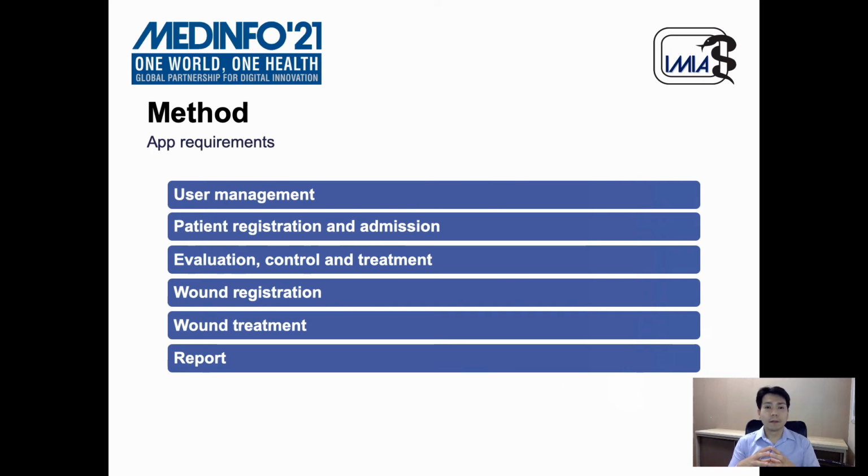After analyzing the wound forms obtained from the hospitals, we defined the main features of the application, such as user management, patient registrations and admission, evaluation, control and treatment, wound registrations, wound treatment, and report.